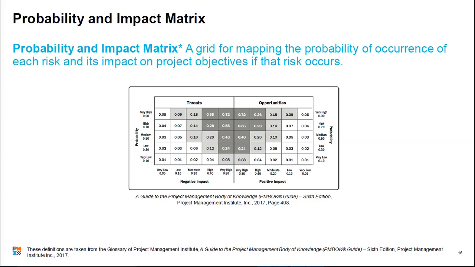And on the x-axis, you also have the same rating system, where you have very low, low, moderate, high, very high. So you have to sit down with your project team and subject matter experts, and identify and apportion metrics with which you classify the probability and impact of risk on your project, then plot them on this table to see which identified risk item has the highest impact, in terms of its probability and impact level when you multiply them together.